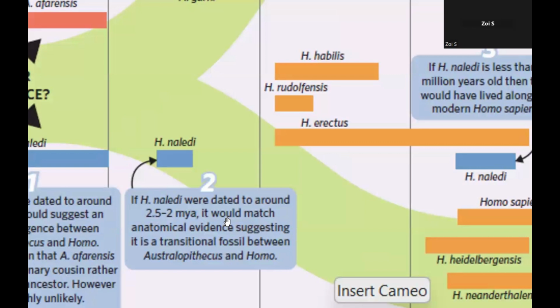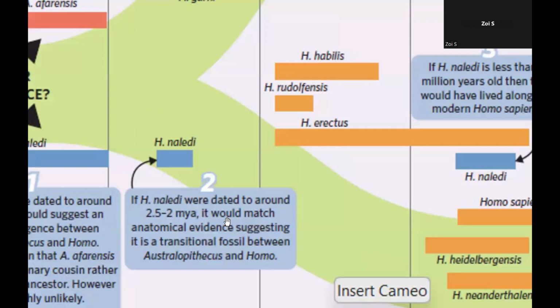Basically, the fact that this fossil shared features with Australopithecus and also the genus Homo would be explained by putting them at the time where Australopithecus were diverging from the genus Homo, and it would explain it as a transitional fossil.